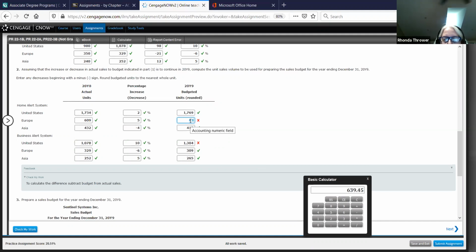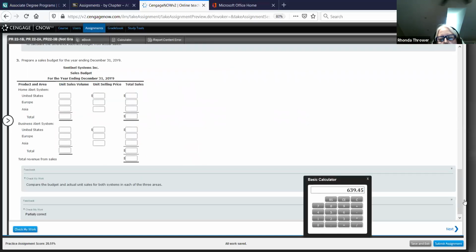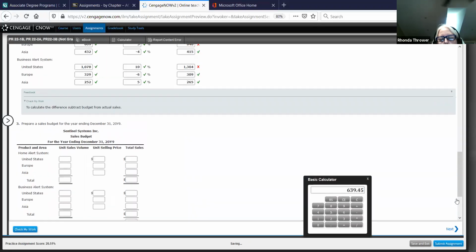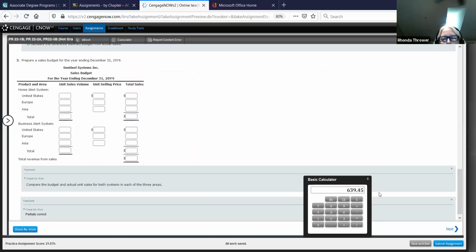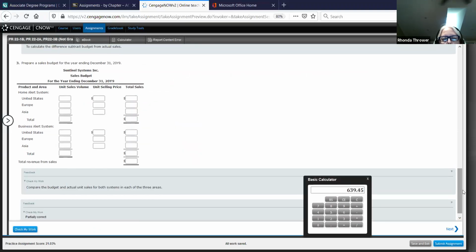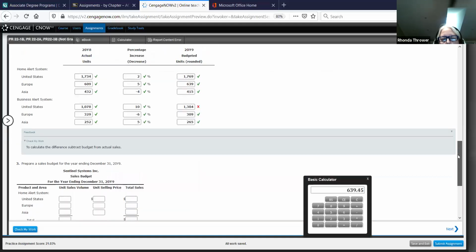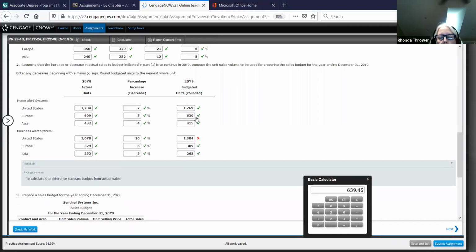Let's round that to 640 and see if that'll work. Didn't like that, so let's leave it at 639 then. Let's see if that'll work. I didn't like the way I rounded it. Okay, so that's better there.